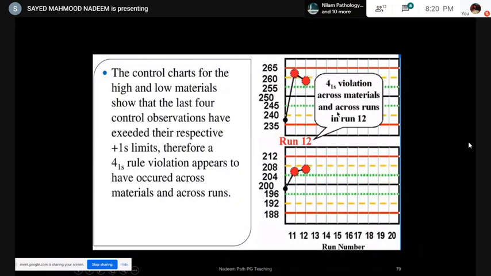So if you put them together, you can see a 4-1S violation across material, across run. This is also a rejection rule, and generally it is studied in conjunction with other rules.